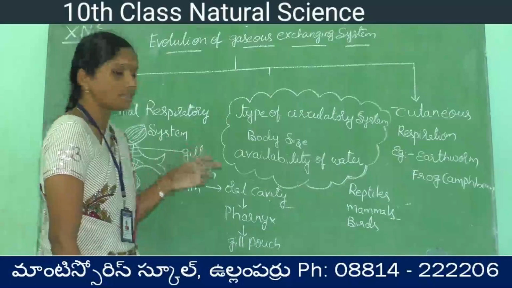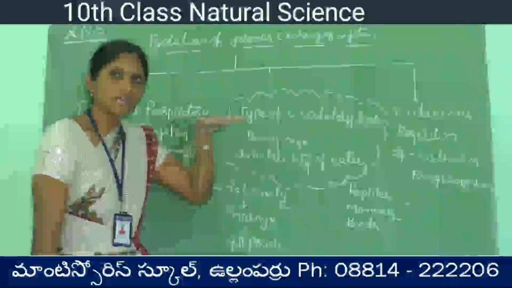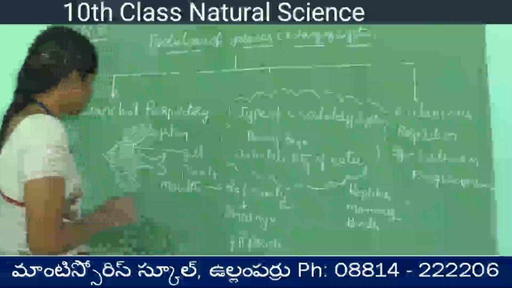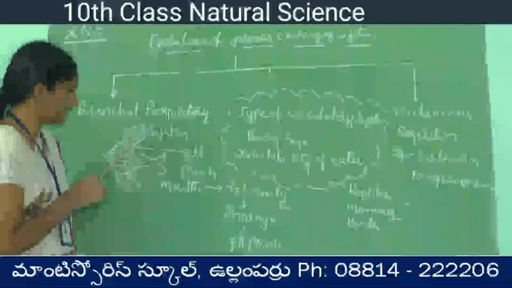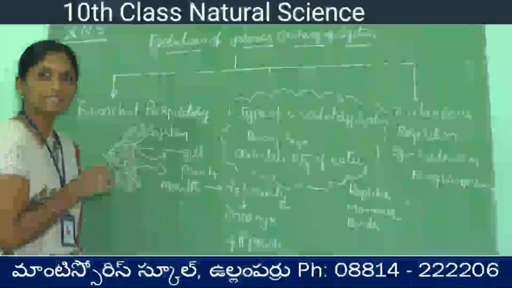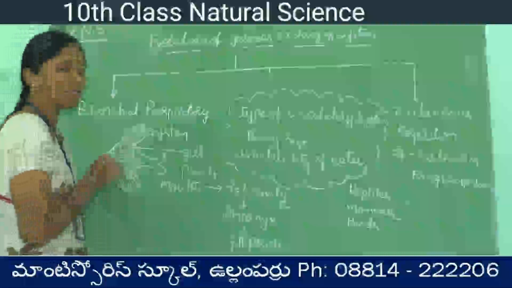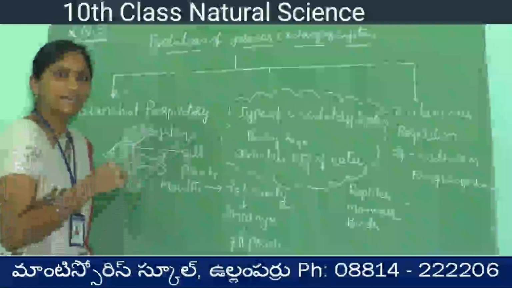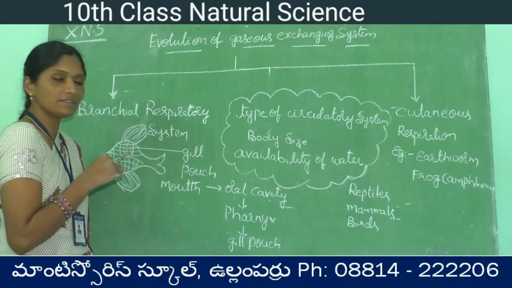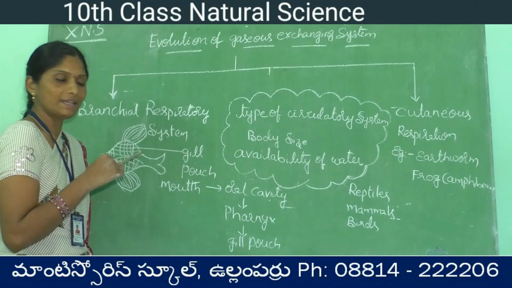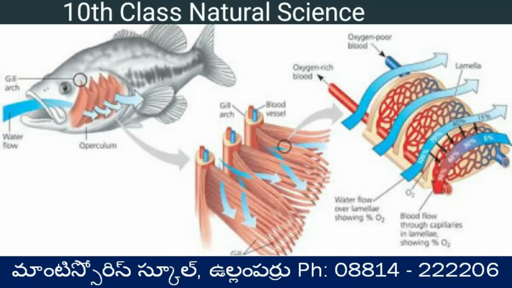Now water flows over the gill pouch. Here the exchange of gases takes place. That means it obtains oxygen and expels carbon dioxide here. This is the total process of the branchial respiratory system.